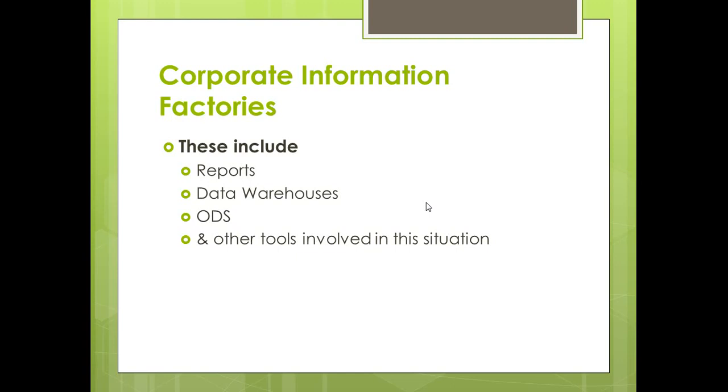So anything that is directly involved with the data warehouse is incorporated into the corporate information factory, which is basically an information factory. So data warehouses contain information, they process that information, and they give it to you in a form that you can understand. So the definition is equivalent to what you think it is. It's pretty self-explanatory. It's an information repository that processes information and presents it to you.